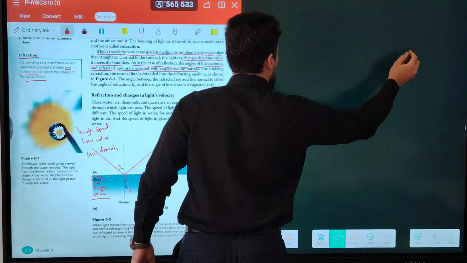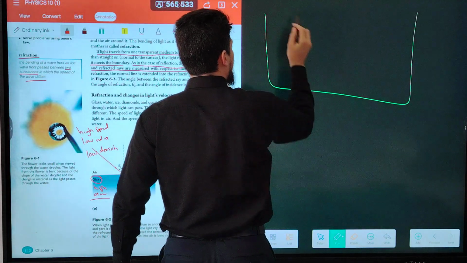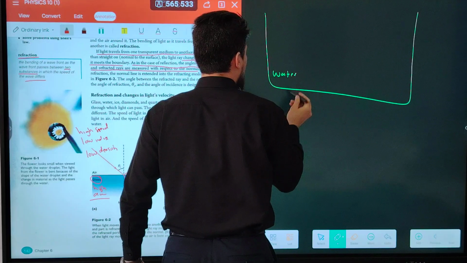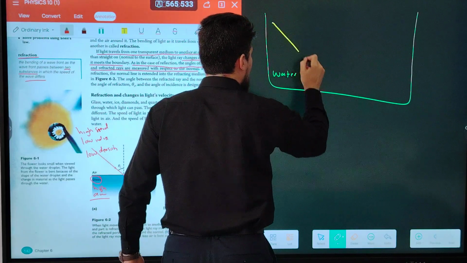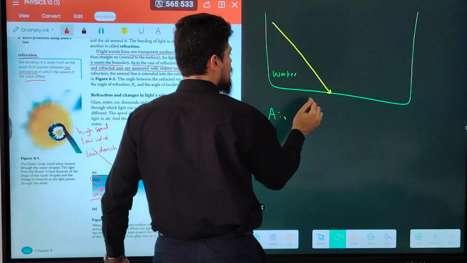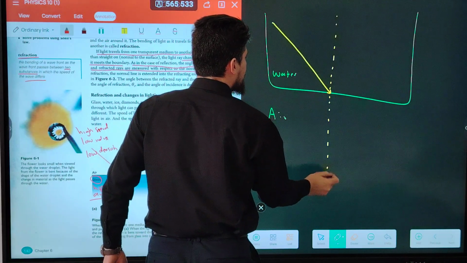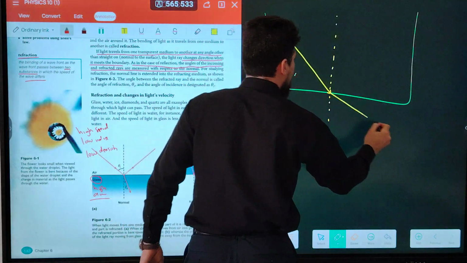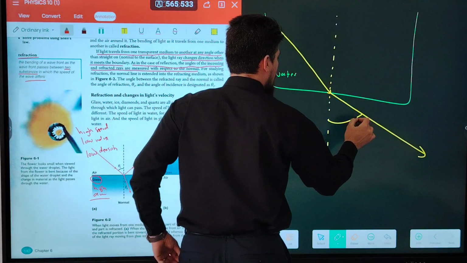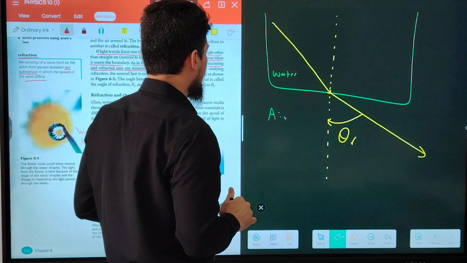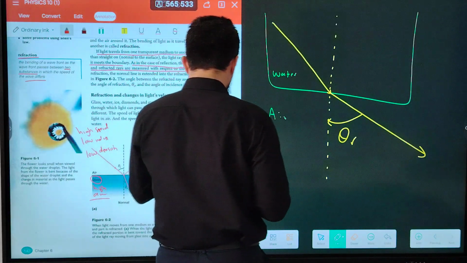But when the light travels from water to air, in this case from high density to low density, this is the normal. Does it bend toward or away? It bends away from the normal. This is theta r. Okay? It bends away from the normal.